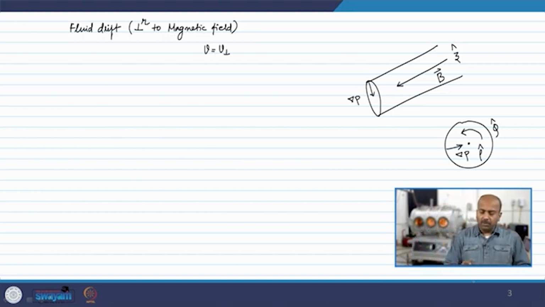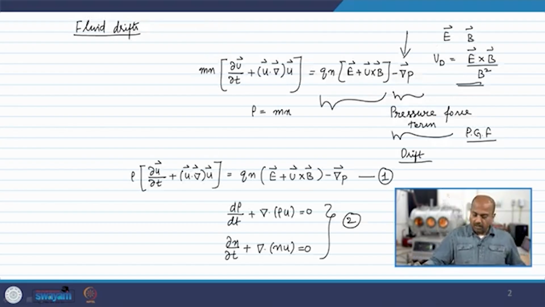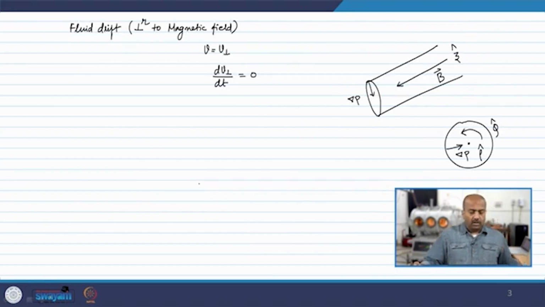So, when v perpendicular is very small compared to the cyclotron motion of the particle, we can write dv perpendicular by dt to be equal to 0. So, the convective term in the total derivative, if you go back and see this term, becomes very small in comparison to the other term.